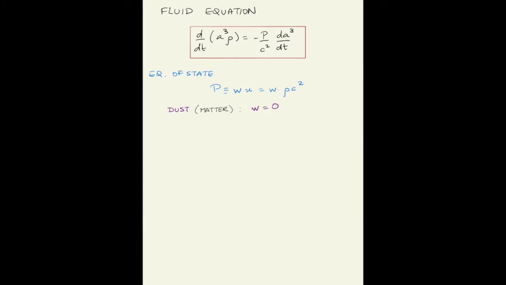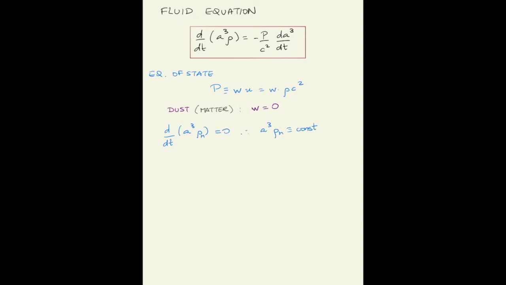So for matter, the fluid equation becomes d/dt, the time derivative of the density times the cube of the scale factor, is equal to 0. So we get that for matter, the cube of the scale factor times the density is constant. And that is the relationship that we have been using. You have a geometrical dilution of matter density as the universe expands.